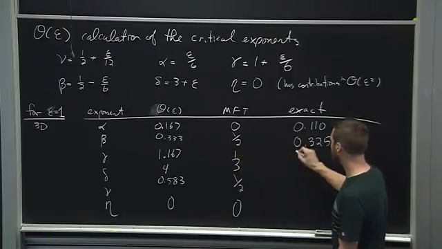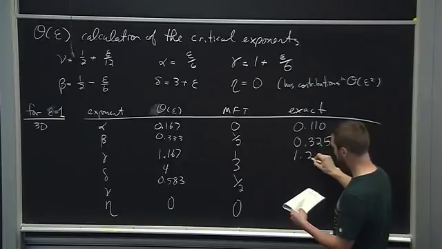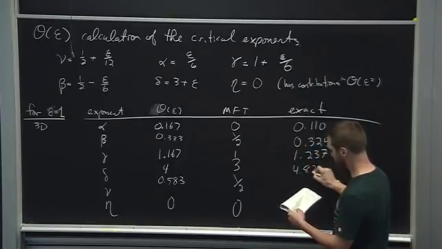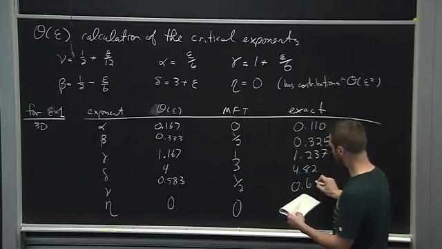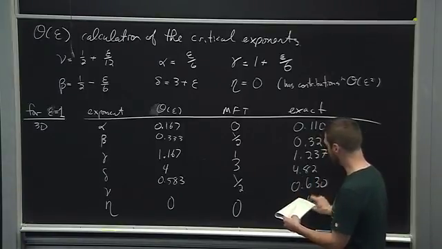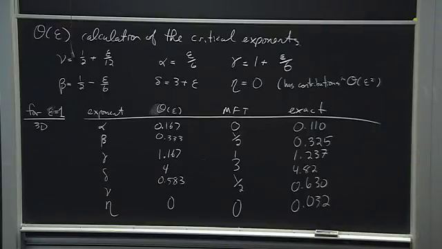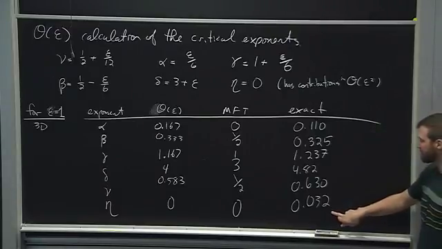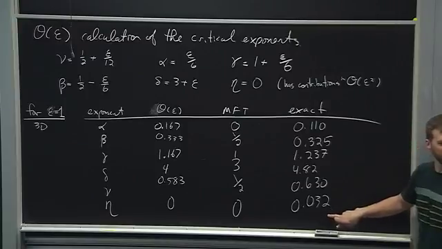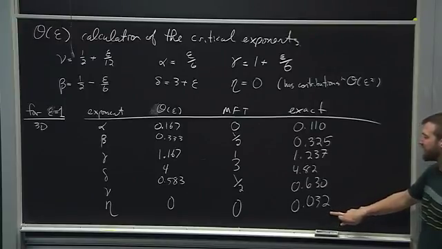So let's see, gamma is 1 point. This one's been updated recently, 7, 4.82, 630. 0.032. Okay, so that eta, we still haven't seen a non-zero eta actually.